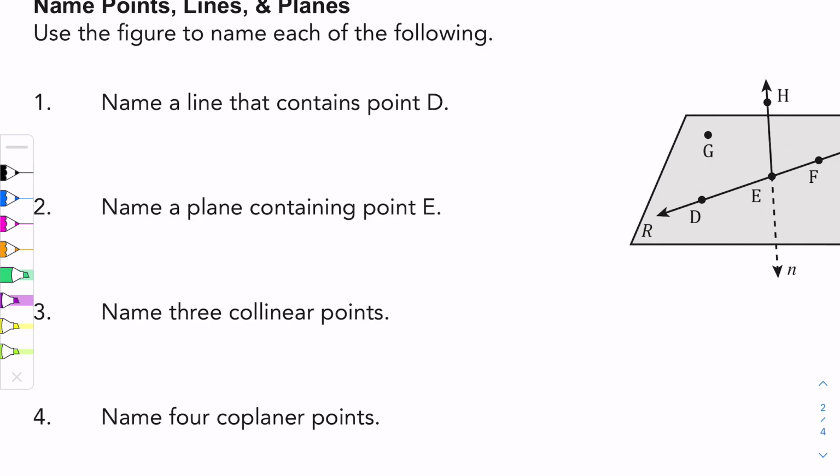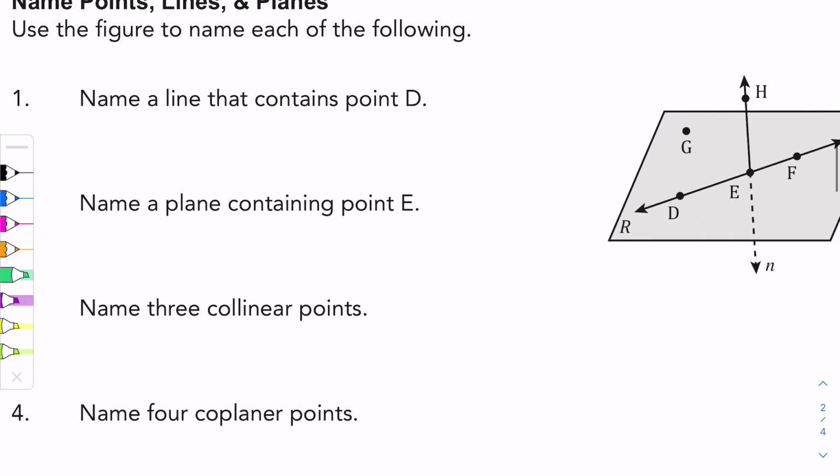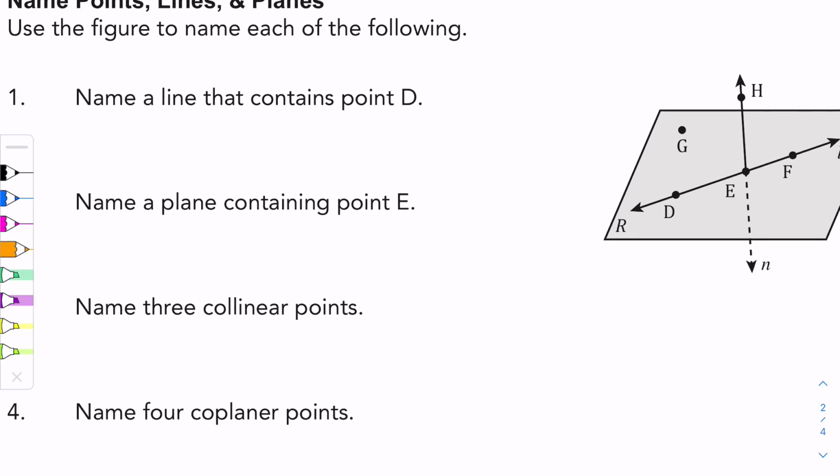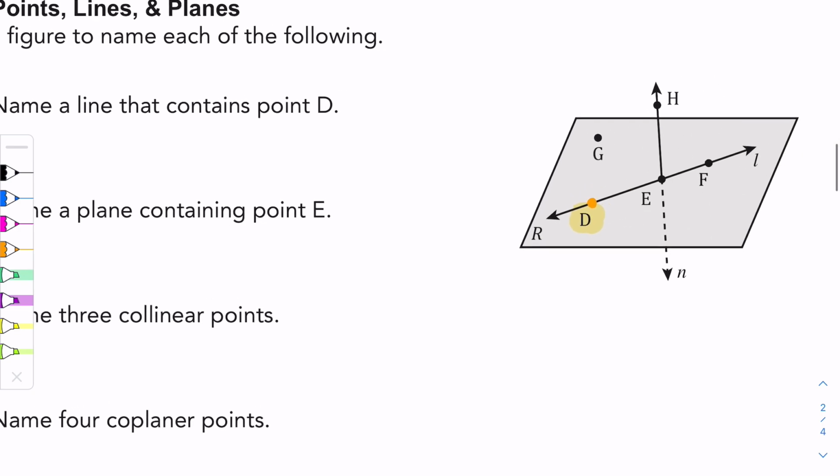The first question says to name a line that contains point D. I'm going to highlight point D. Point D is located in the plane where I labeled it in orange. So if we're naming a line that contains that point, you can name it any way, as long as you're using 2 points to label the line.